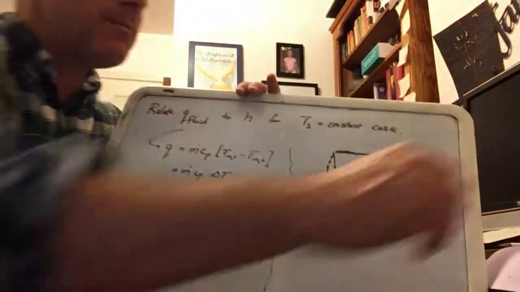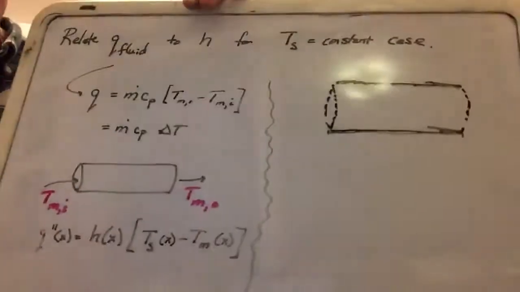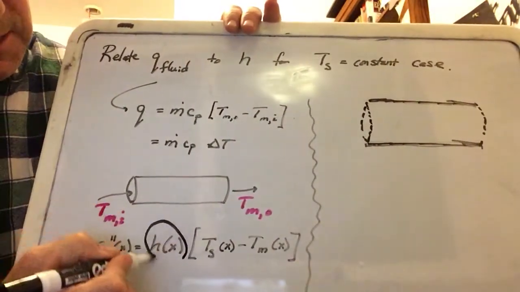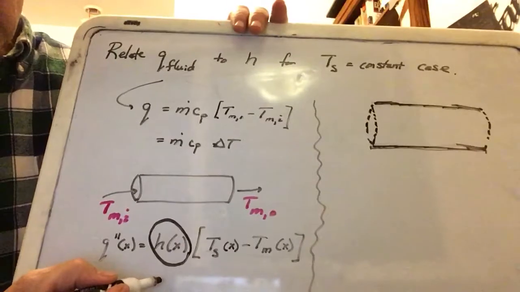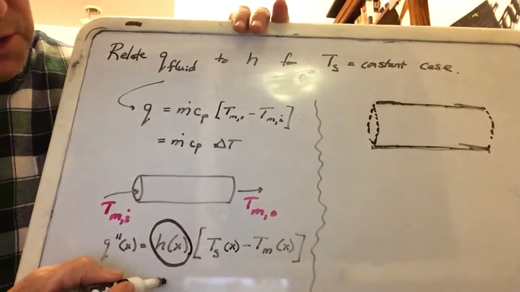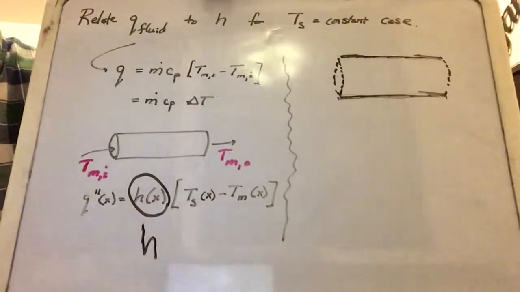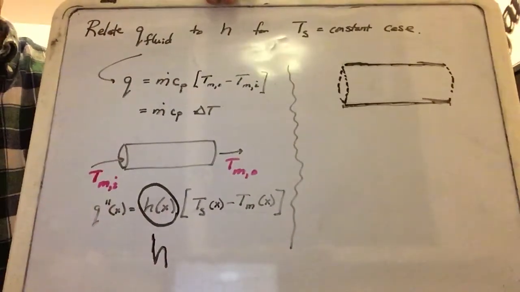So that's last time. One thing that I should add to it, for the cases that we're going to do in this class, ME 126, we're going to do something called fully developed. So h is going to have the same value the whole way down the pipe. So we're just going to have a single h value down that pipe.